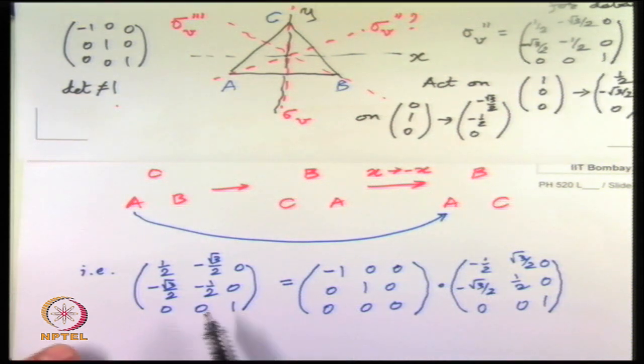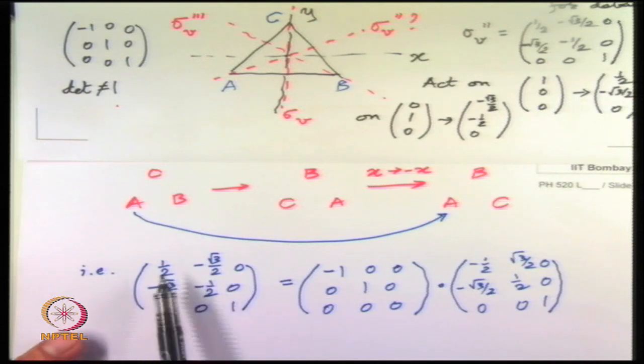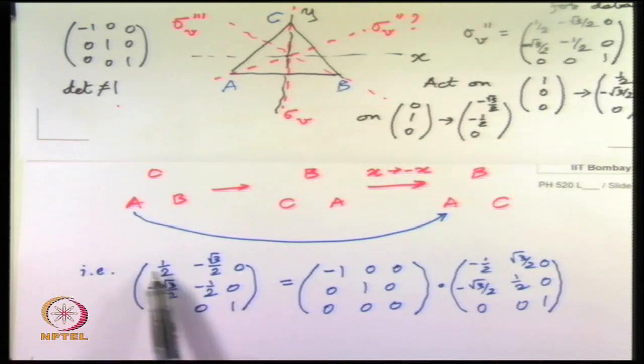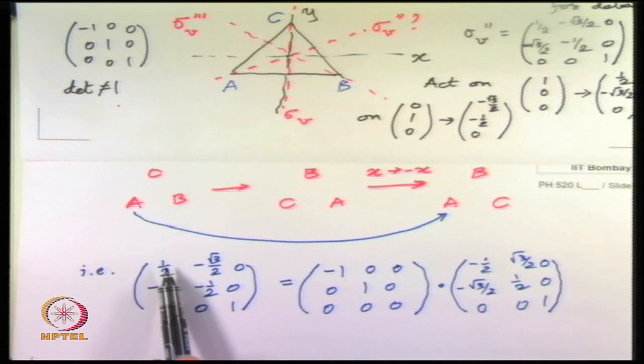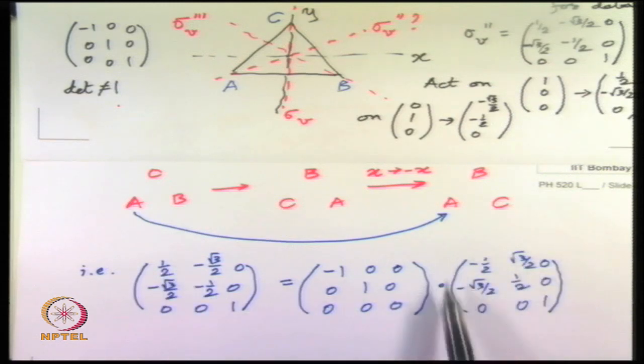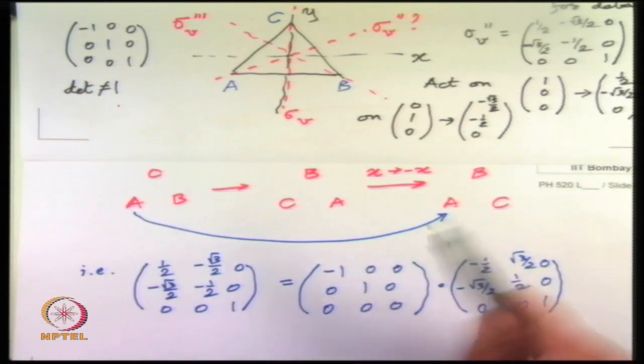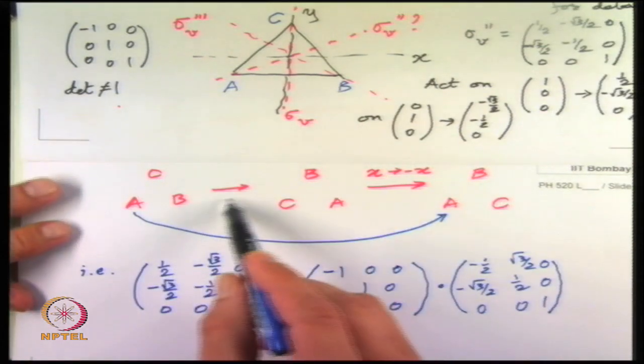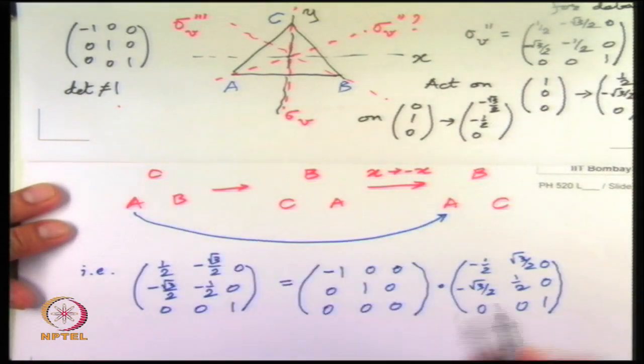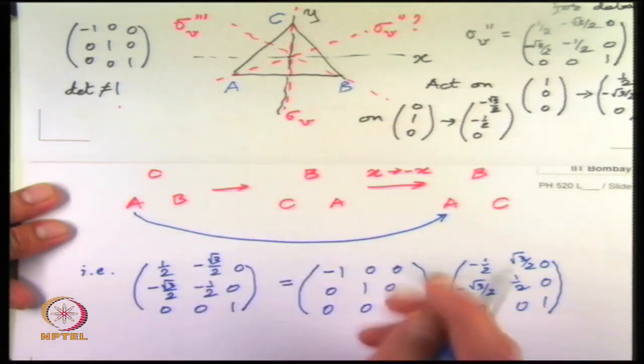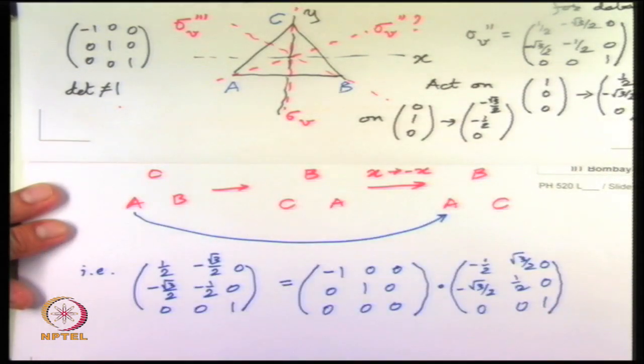Our claim is that this matrix with the top row signs reversed can be got by taking the proper rotation, which is this. This is the first step, rotation by 120 degrees counterclockwise, and then we followed up by x goes to minus x.